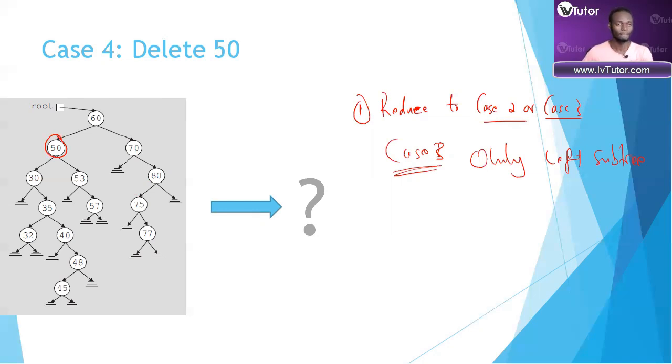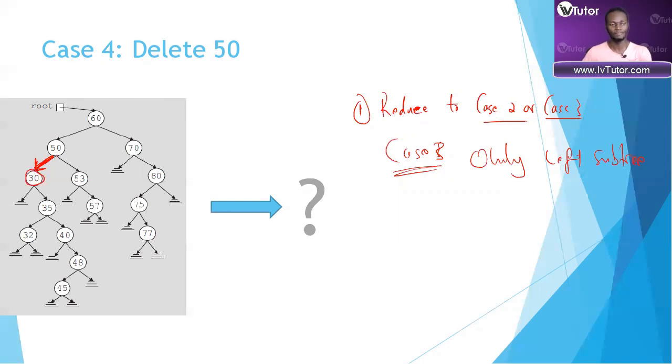Step number 1, go to the left subtree of the node that you want to delete. In other words, go to the left side of 50. Then, once you go to the left subtree, find the rightmost node from your left subtree.